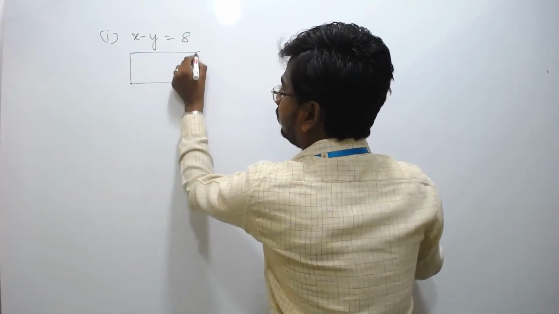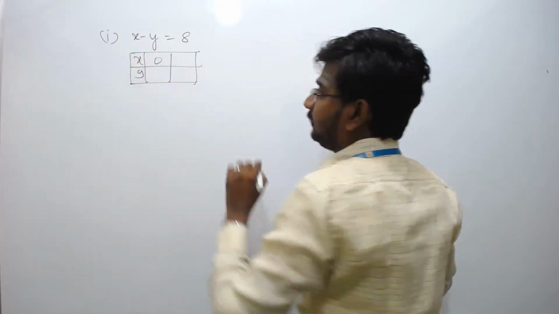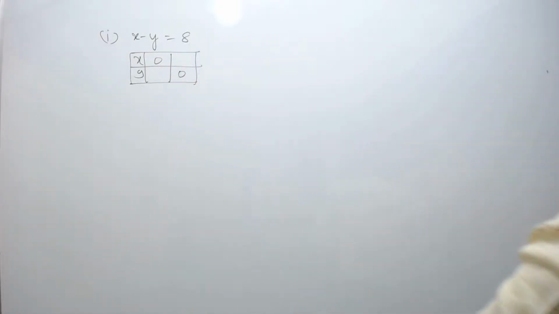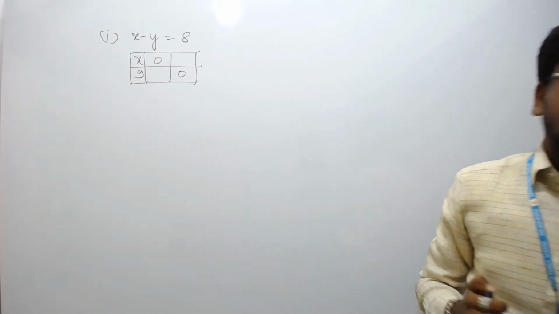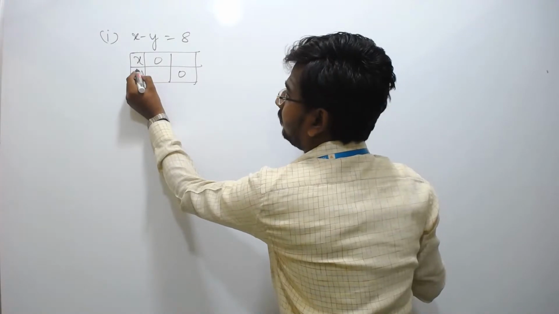So who will tell me what will be the values of x and y when x is 0, and when y is 0? Simple, tell me. When x is 0, when y is 0, tell me what is the other value.